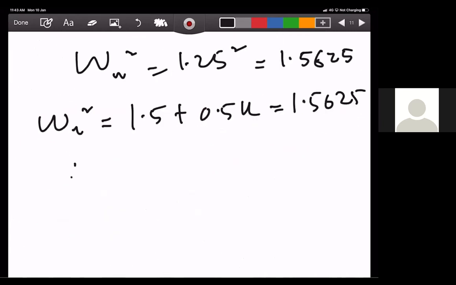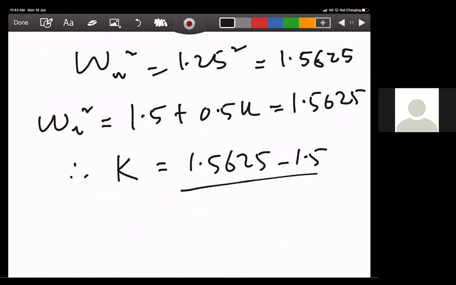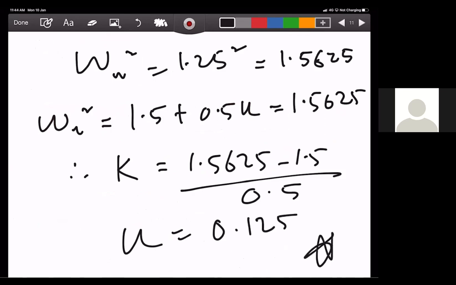So K berapa? K is 0.125. Okay. 5 markah.